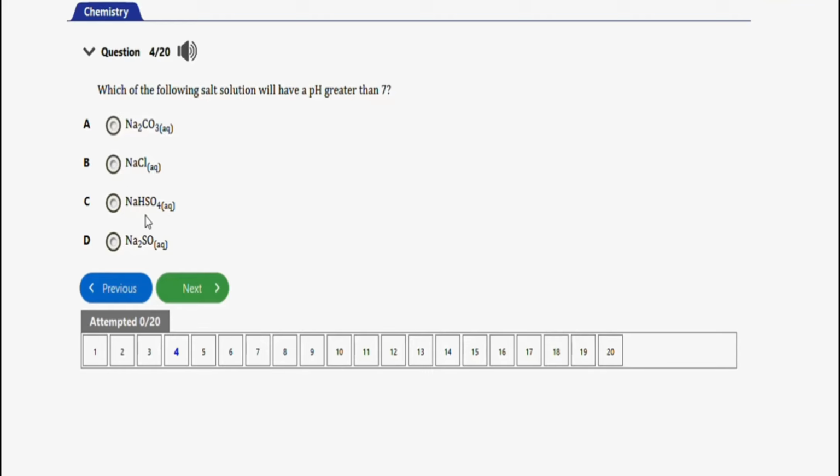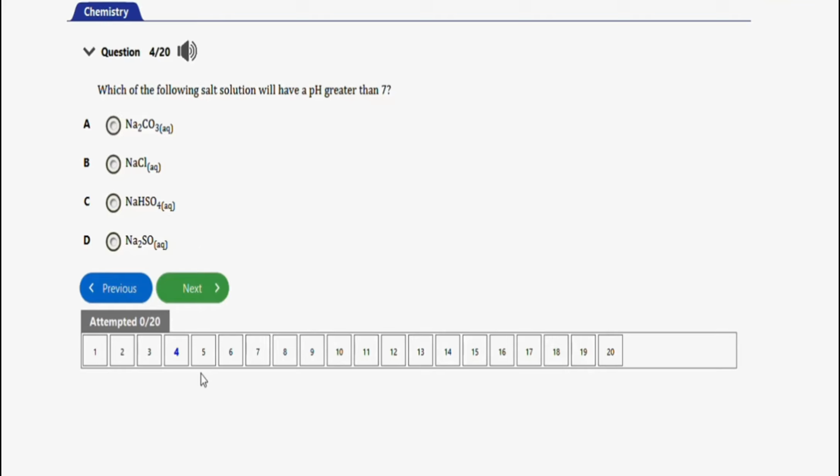This is sodium hydrogen tetraoxosulfate(VI), an acidic salt. This one is sodium sulfate, also a common salt. So the right option is option A, sodium carbonate, which is a base. A base has a pH greater than 7.